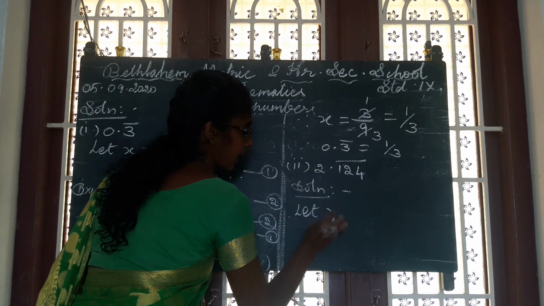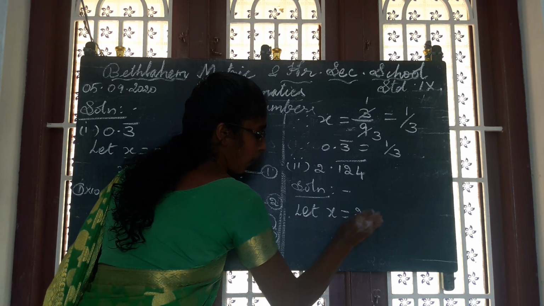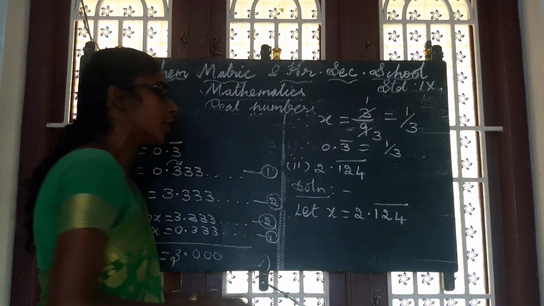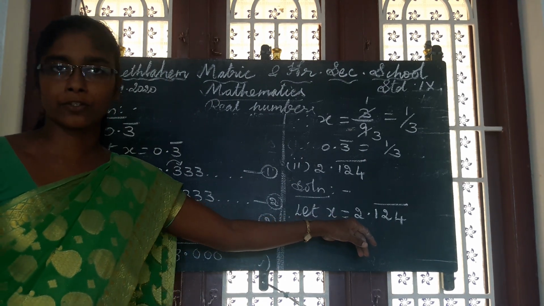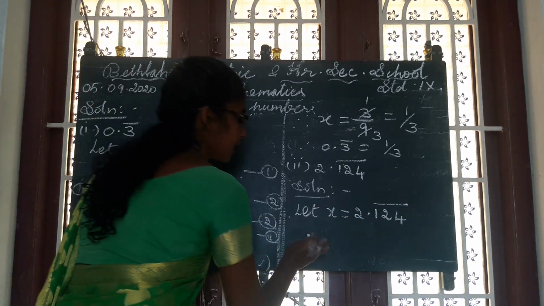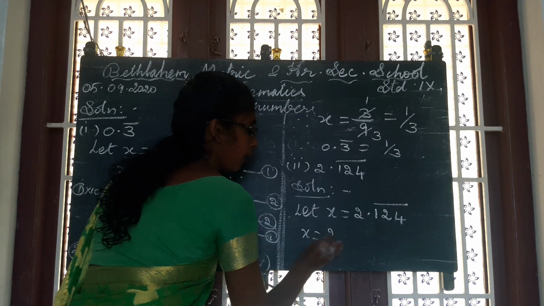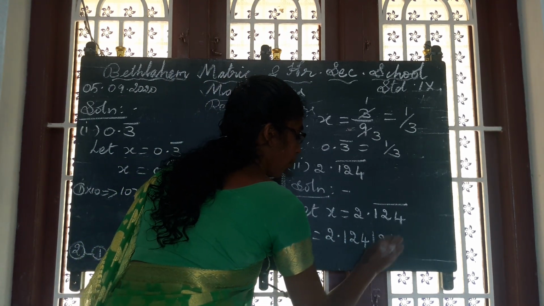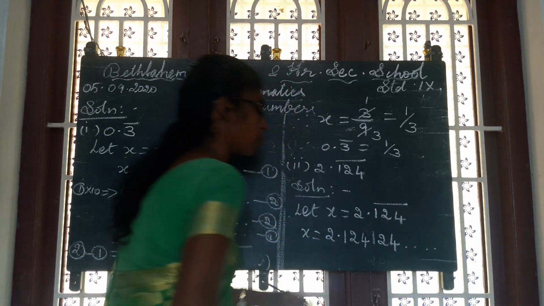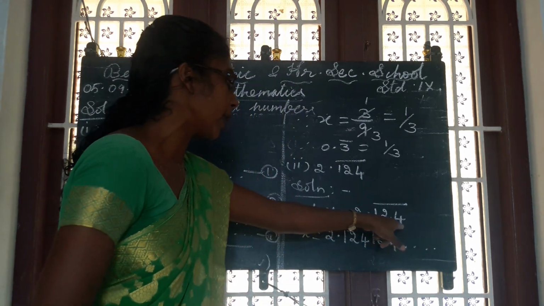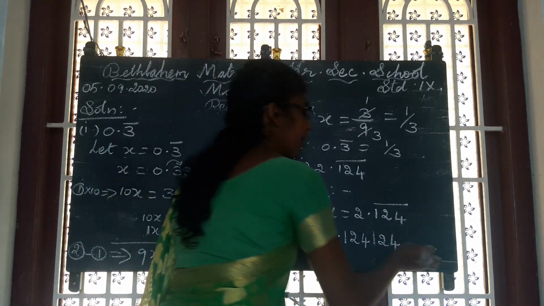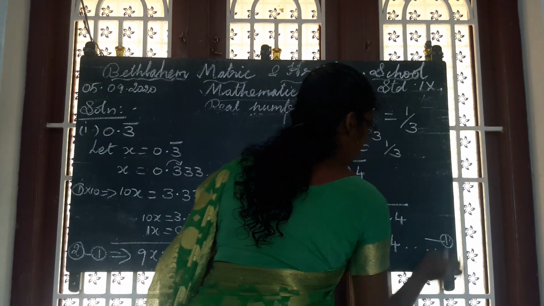Let x be equal to 2.124 bar. So that is equal to 2.124 etc. This bar means it is repeating again. So 124 etc. This is equation 1.